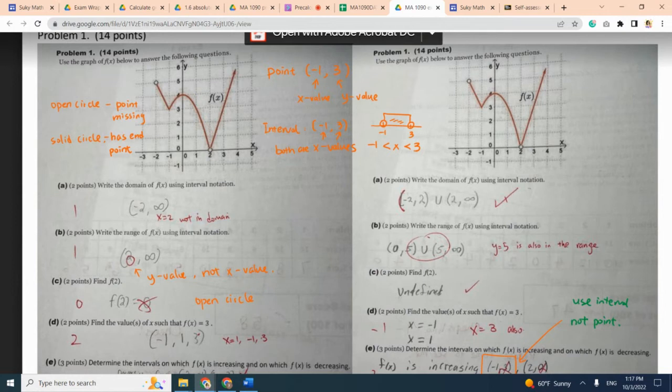This is the x coordinate, this is the y coordinate. So the first number is the x value, the second number is the y value. But for an interval, both numbers are x values. So parentheses means we do not include the endpoints.